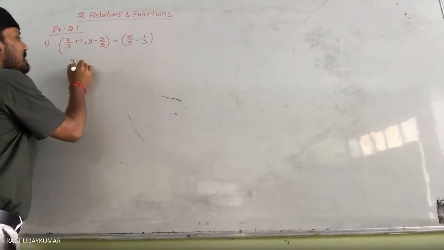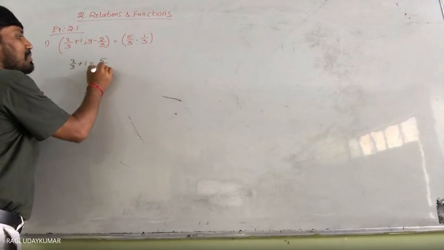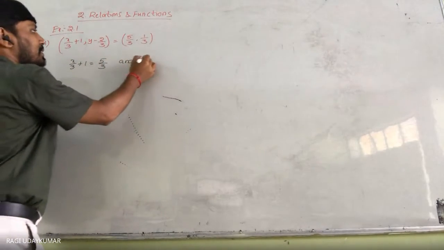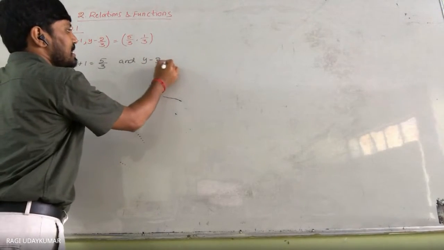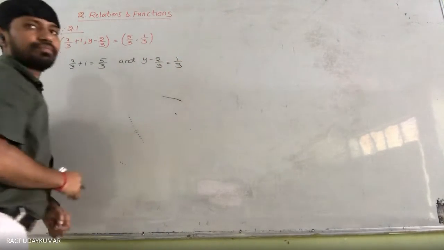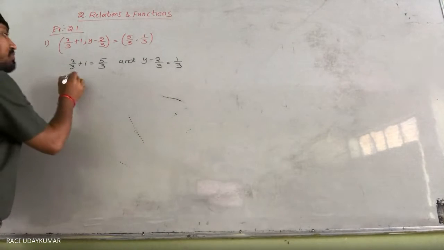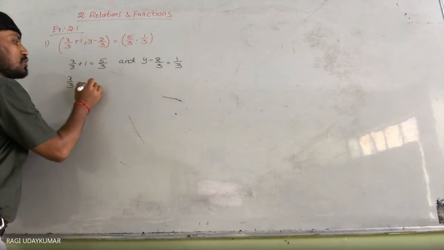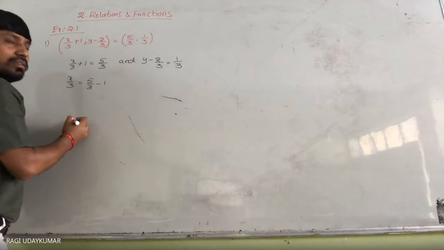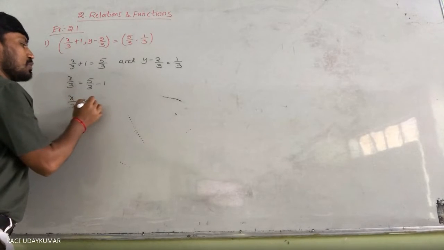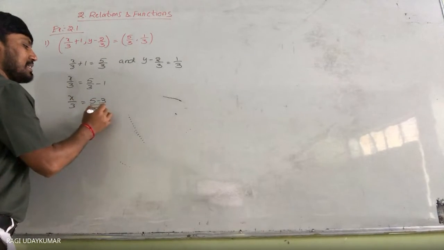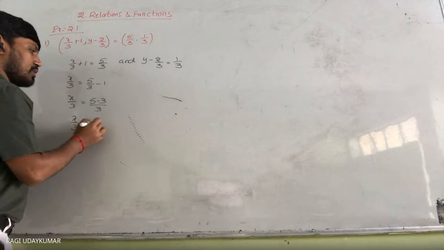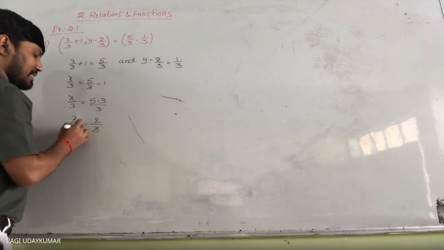So x/3 + 1 is equal to 5/3, and y - 2/3 is equal to 1/3. From this you will get x/3 is equal to 5/3 minus 1. x/3 is equal to (5 - 3)/3. x/3 is equal to 2/3. 3 will get cancelled.